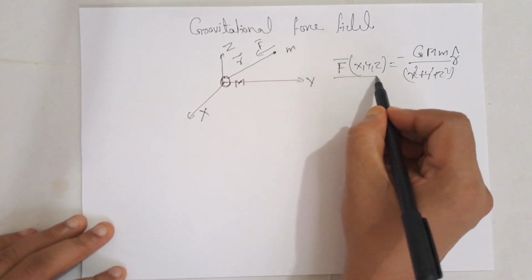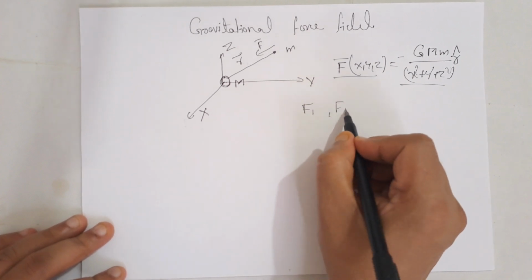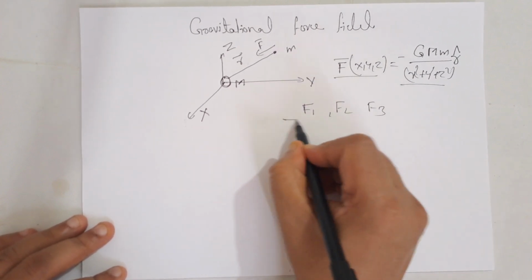And each F(x, y, z) has components f1, f2 and f3.